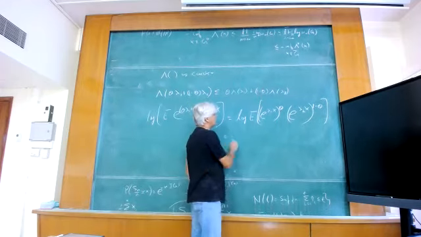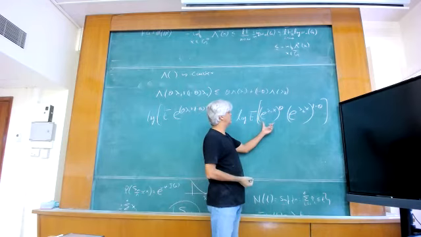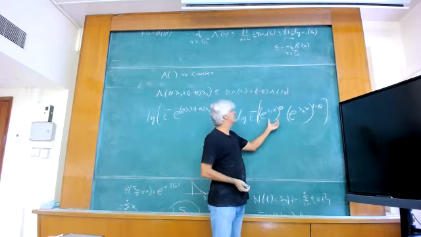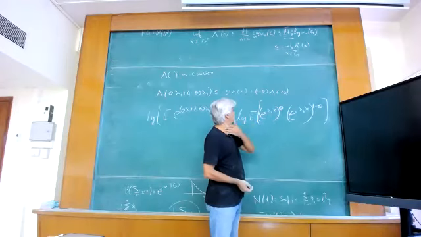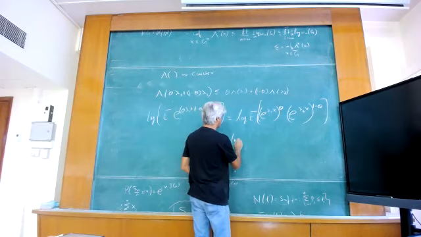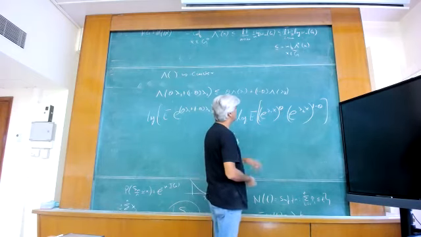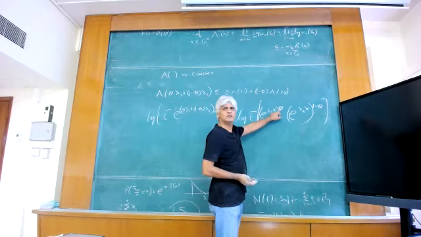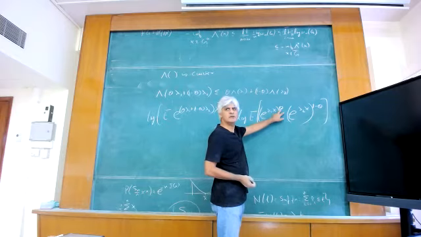Now I apply Holder's to it. Theta is basically 1 upon p, so I'll upper bound this by raising it to the power p, that is, to the power 1 by theta.